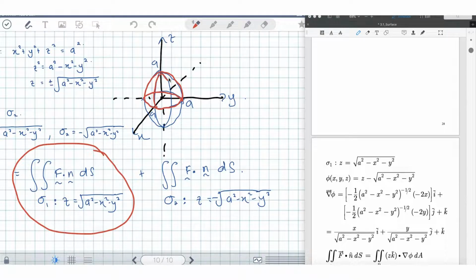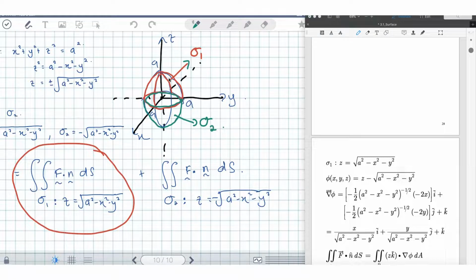That is sigma 1. How about sigma 2? Sigma 2 is the other hemisphere, the lower part of the sphere. We call that sigma 2.